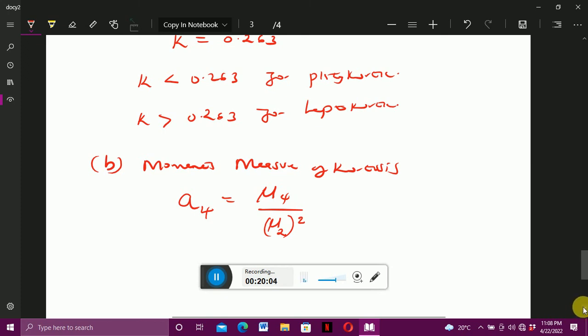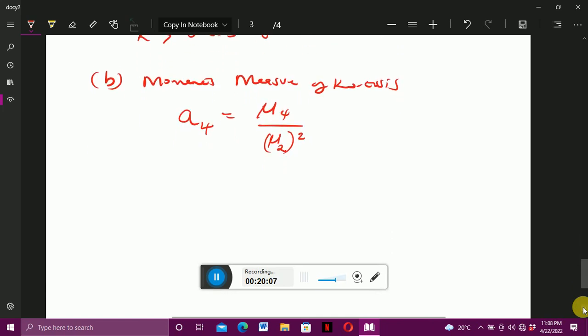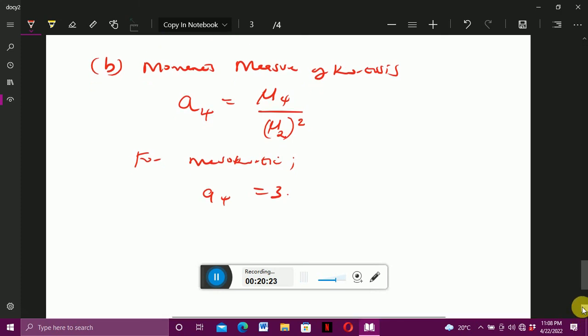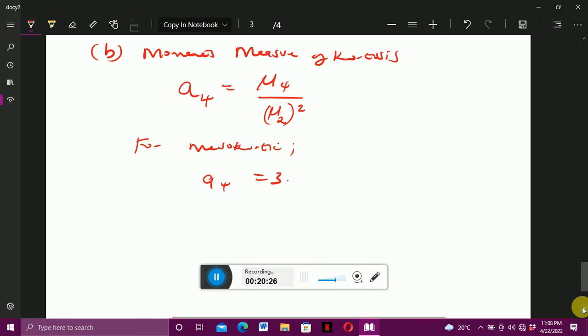For mesokurtic, this A4 is equal to 3. A4 is equal to 3 for the normal. So kurtosis is sometimes defined by A4 minus 3.